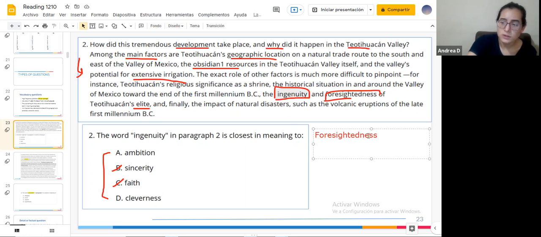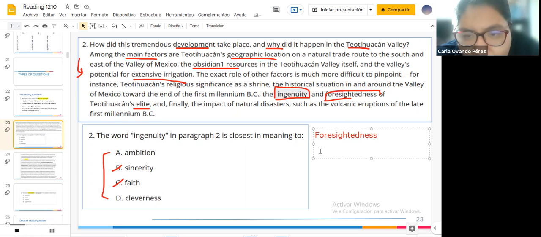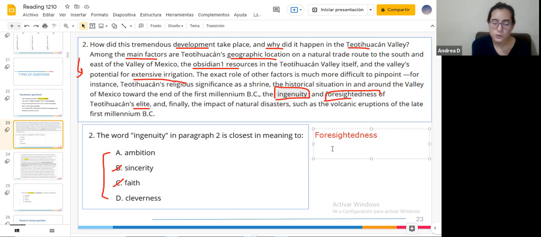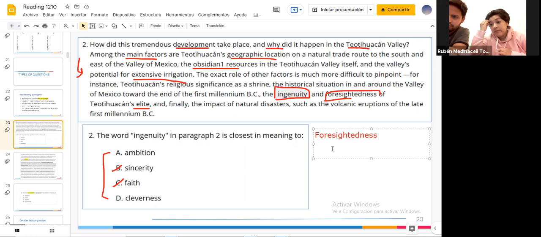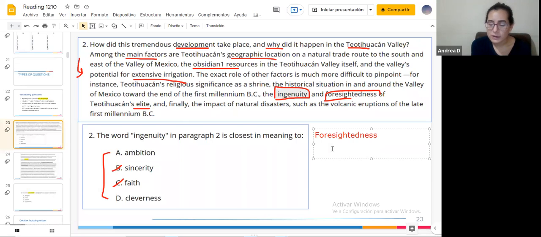Was it you, Ruben? You were saying something? Like prevision? Prevision. Okay, yes, it does have to do with that. I know what you mean. So can you explain a bit more? How would you explain that?